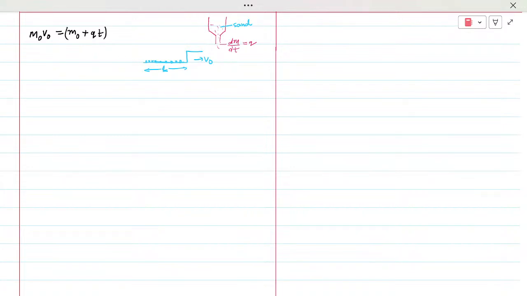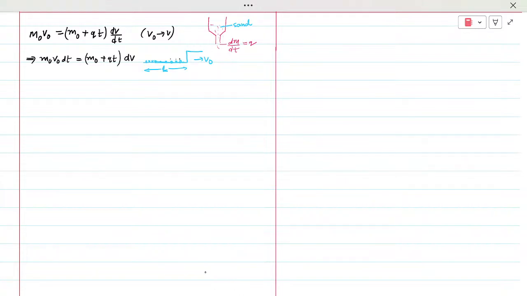By that time its velocity is changing from v0 to v final. Slowly mass is added, therefore velocity changes with respect to mass after filling. Therefore m0 v0 into dt is equal to (m0 plus Qt) into dv.